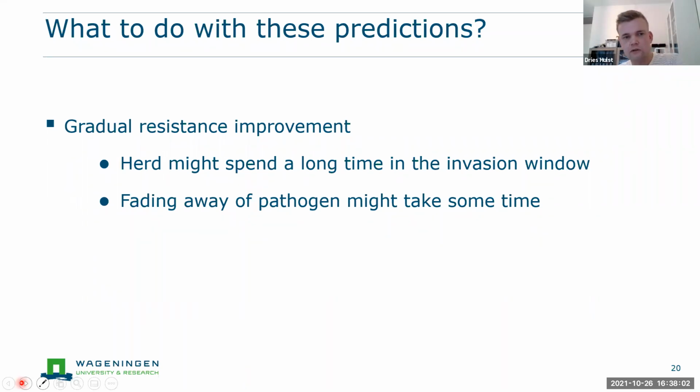Also, when increasing resistance gradually, even when it goes quite fast, if the herd was endemically infected before, it might take some time for the pathogen to fade away, although the resistance is high enough to eradicate. And as long as it's present and infects animals, mutants might still arise. So it would be important to take out infected animals, for instance, to prevent escape mutants, although the wild type is expected to die out.